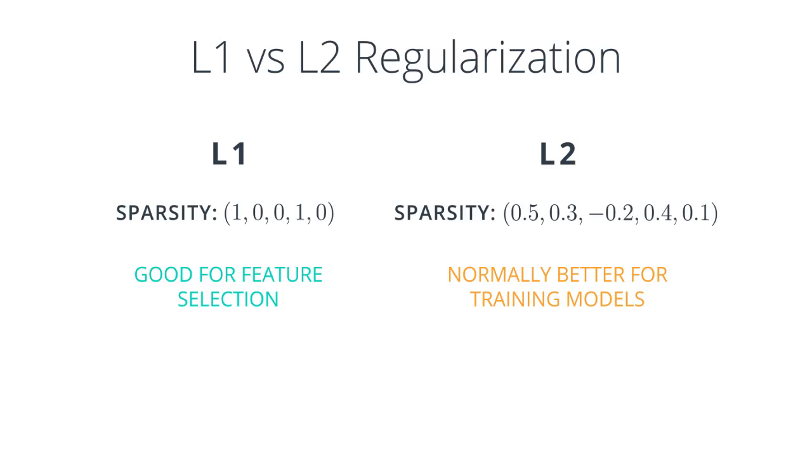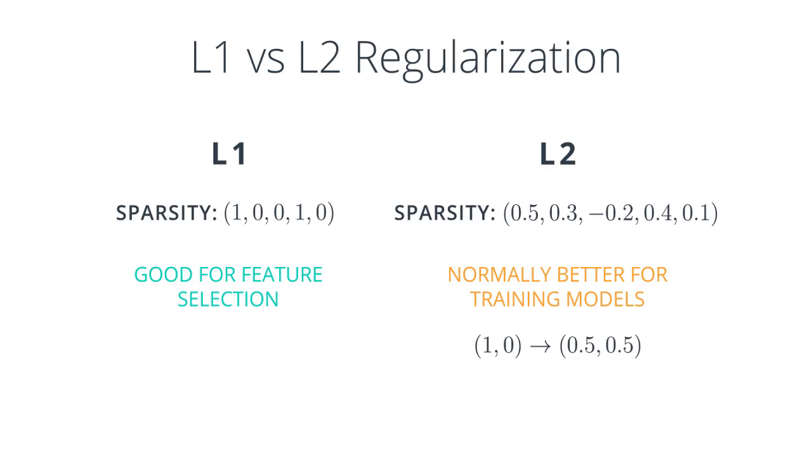Now let's think a bit. Why would L1 regularization produce vectors with sparse weights and L2 regularization produce vectors with small homogeneous weights? Well, here's an idea of why. If we take the vector 1, 0, the sum of the absolute values of the weights is 1, and the sum of the squares of the weights is also 1.